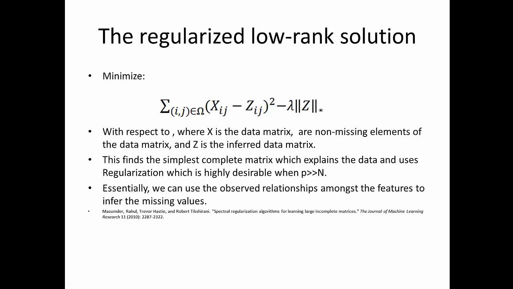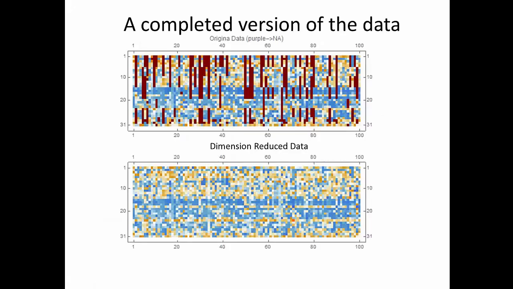No, well, it's not exactly pairwise complete, because this is the data matrix, and this is a low rank approximation to that data matrix. Essentially what it's doing is looking for relationships between the rows and columns of this matrix, linear relationships, and then it's using those relationships to predict what's going on inside here.